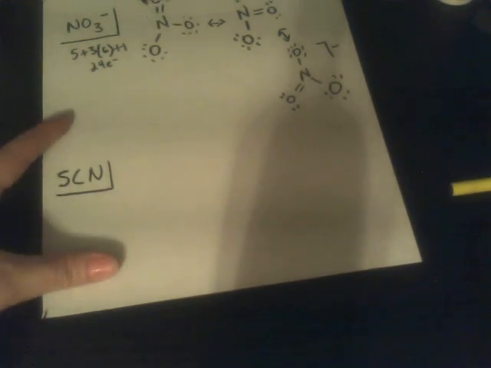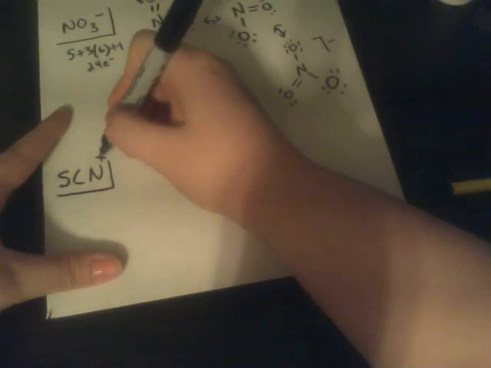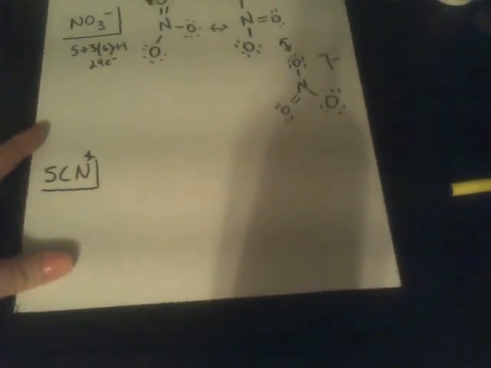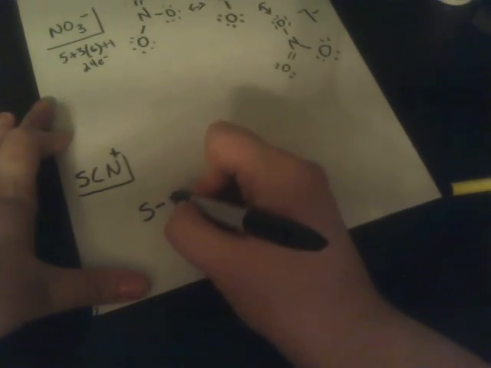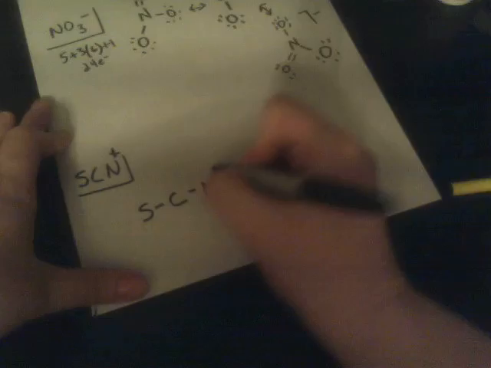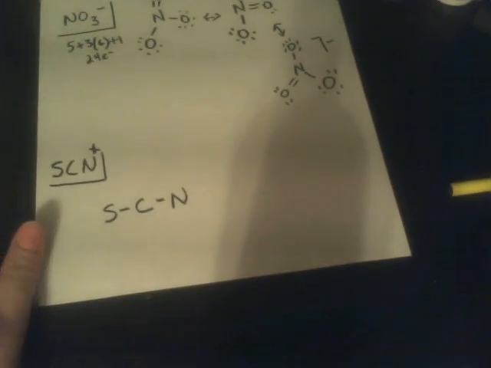Actually, this one will not work out so well. Let's do SCN plus. Why don't we do that? Okay, I'm trying to find one that mimics the quiz, right? So we're going to have an S, a C, and an N. That is going to be our skeleton.